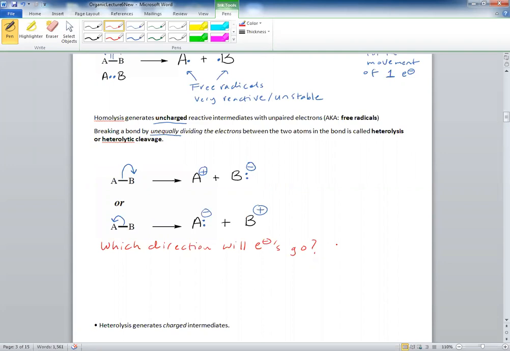Well, the answer to this is that when A and B have different electronegativities, the electrons go to the more electronegative atom.